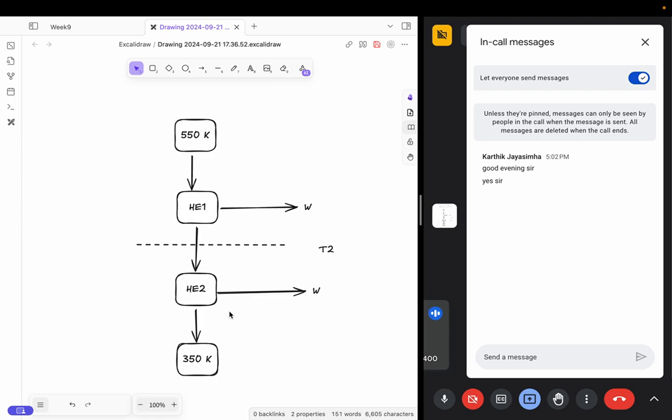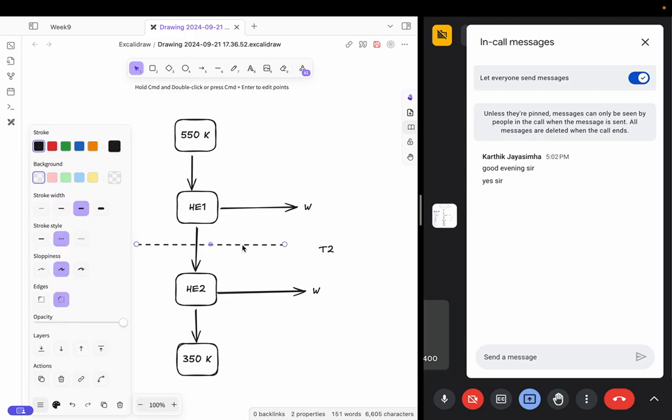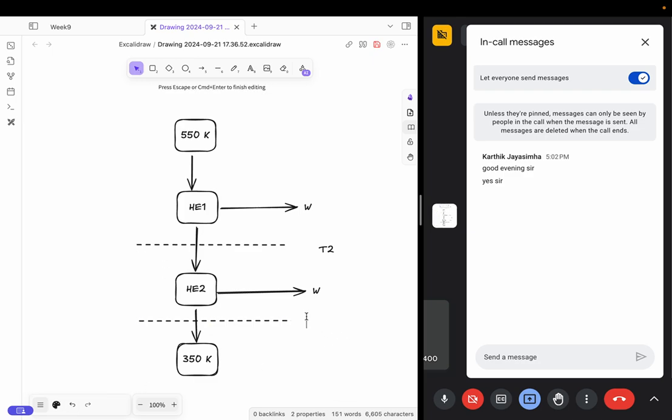Let's say this is T2, this is T1, and this is T3. So we need to find the intermediate temperature here.